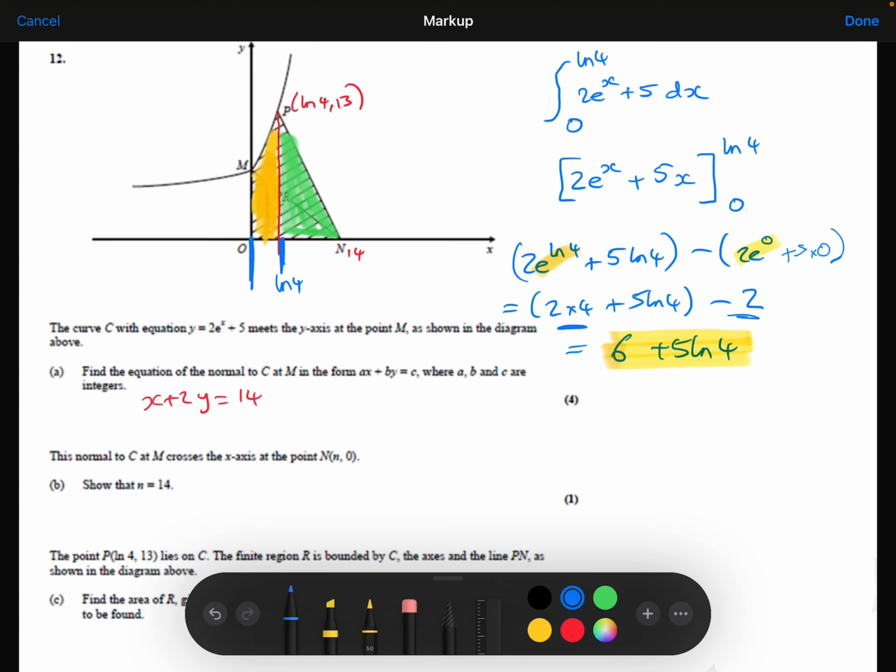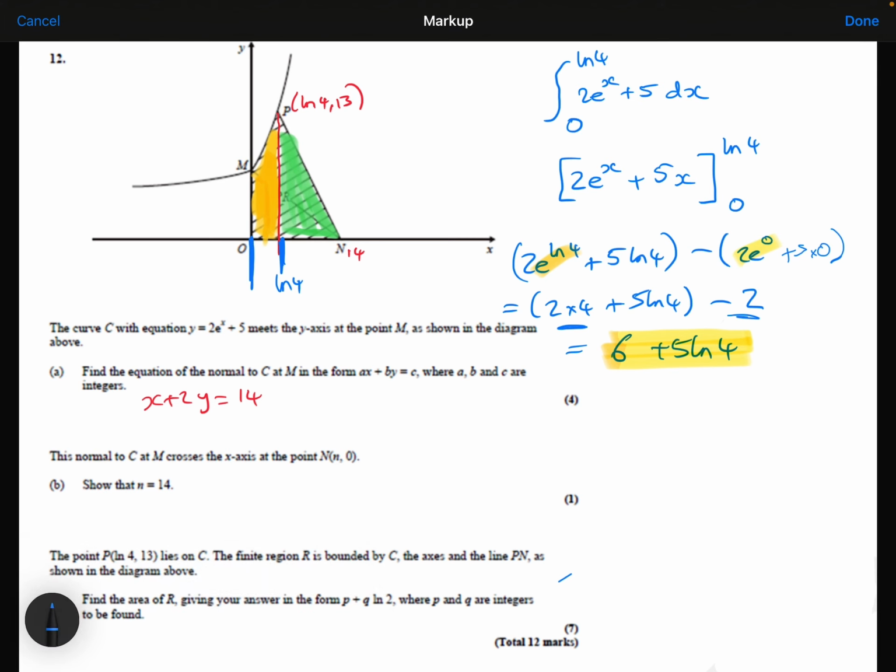Let's now get the area of the triangle. Now I can see that the height of this triangle is 13, that's the y coordinate here. The base of the triangle is going to be 14 minus ln 4.